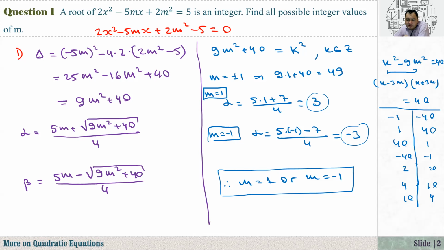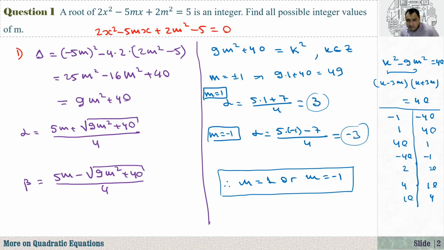Or 20 minus 2 is 18, which is also divisible by 6. Anyway, when you solve this, you get the answer m equals 1 and m equals -1.